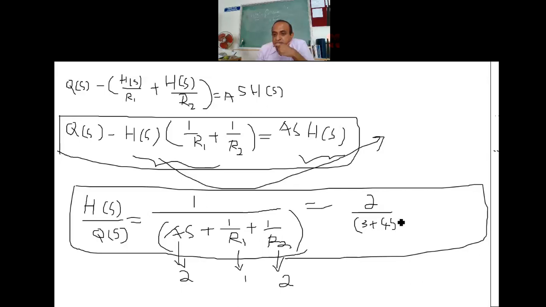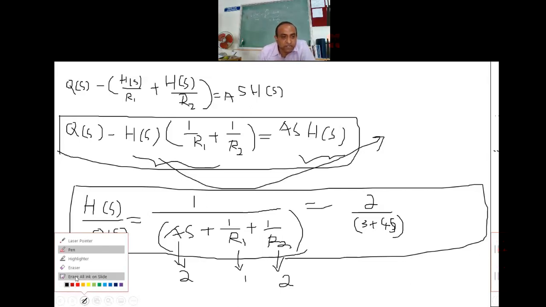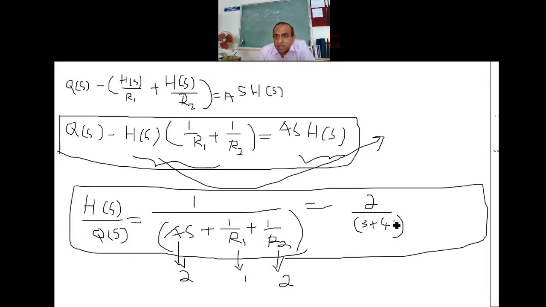Correct? It is 2 divided by 3 plus 4s. Okay, yeah, 2s. Fine. Okay, 2 divided by 3 plus 4s.